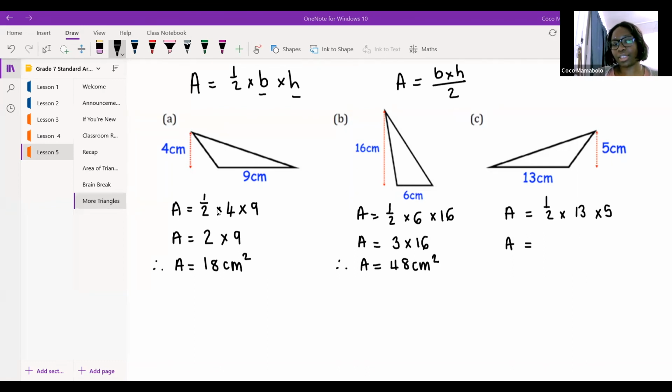Guys, help him out in the chat. Oh, it's 6.5, ma'am. Good. So I'm going to have 6.5 times 5. Therefore, the area is going to be what? 32.5, ma'am. Good. 32.5 what? Centimeters squared. Well done. That's it.